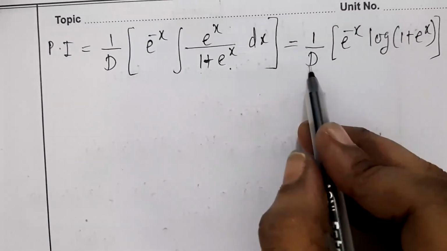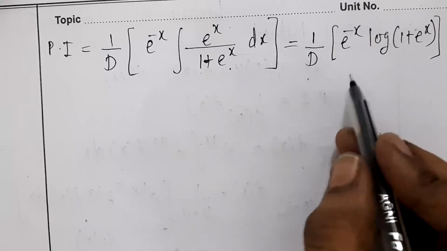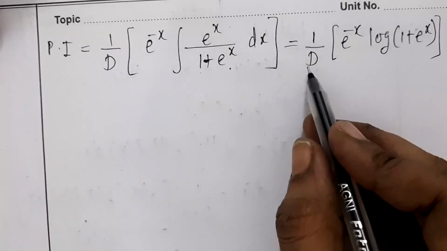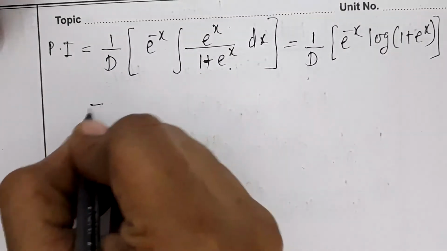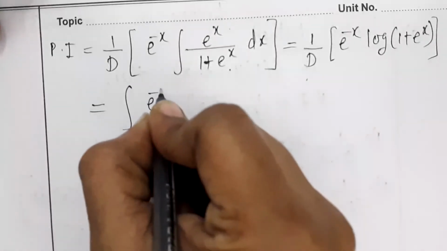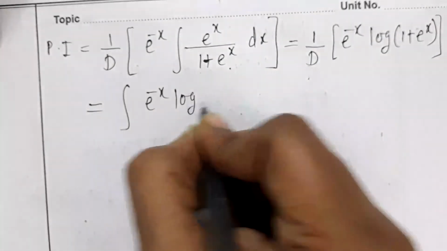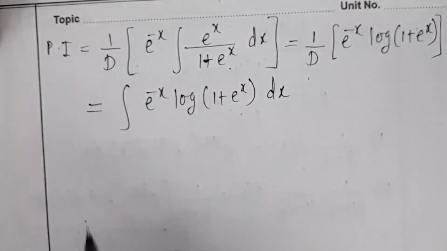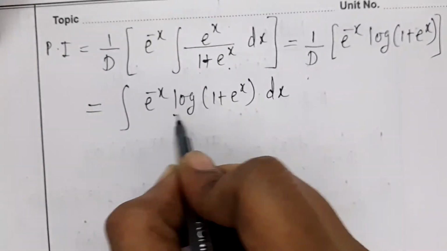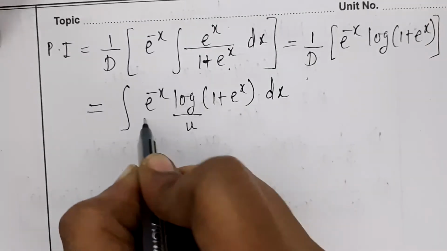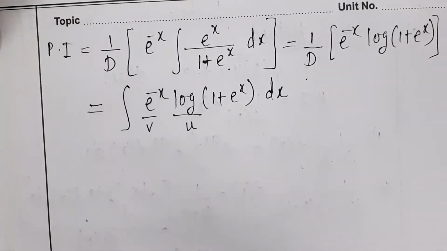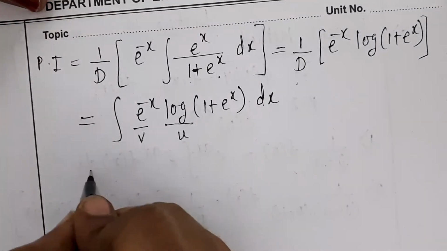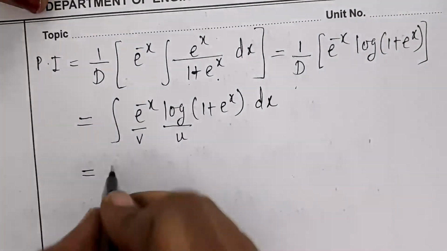Now one more operator is remaining, 1 by D. So operate this operator. 1 by D is nothing but simply integration. So integration of e to the power minus x into log of 1 plus e to the power x into dx. Now to find out this integration, the logarithmic term is u and the second term is v. So use integration by parts.